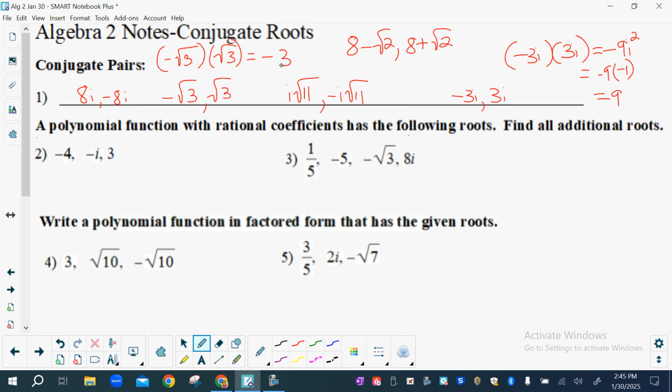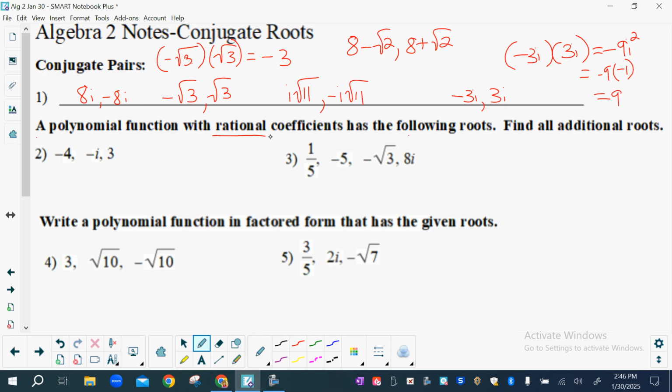We want to have a polynomial that has coefficients that are rational. What's rational? We talked about integers, we talked about conjugates, a lot of vocabulary in this. A rational number would be anything that can be written as a ratio of 2 integers, essentially written as a fraction, like 3 over 4 or 111.